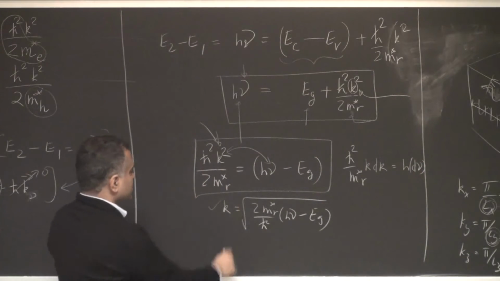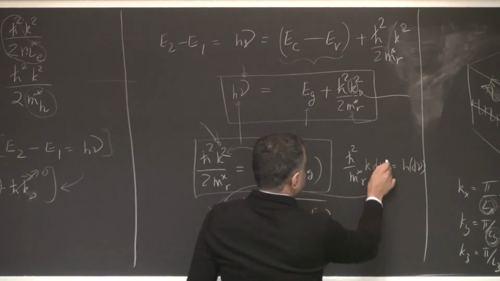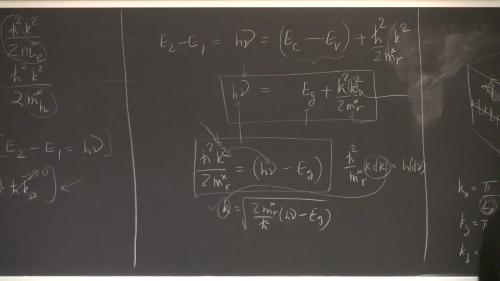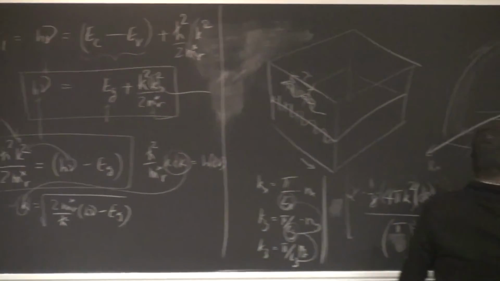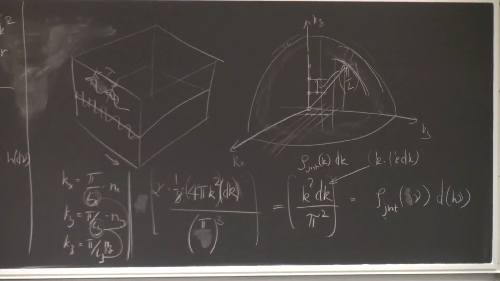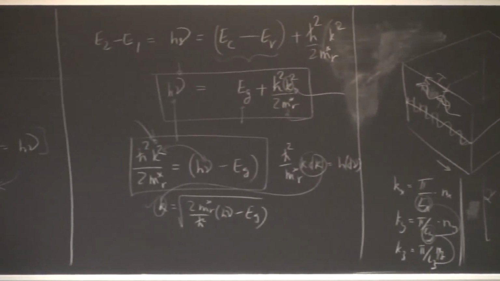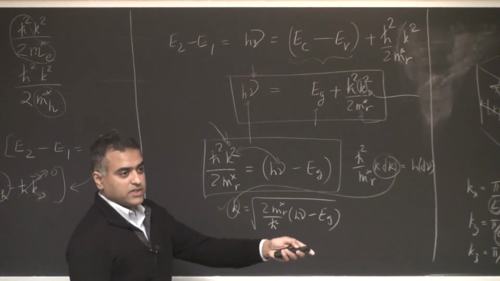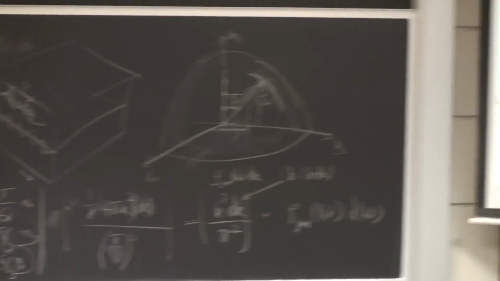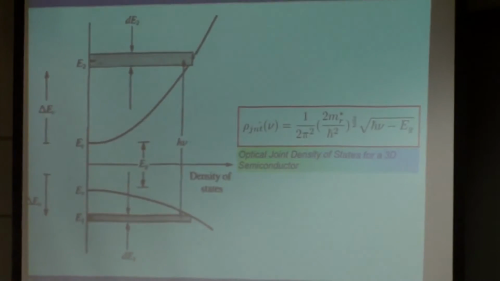And you take this one, multiply it with this one, you're going to rearrange it, and you get k dk, and substitute it all there, and what you are going to end up with now is the joint density of states in the energy space, and this is the expression for it. Let me write that.